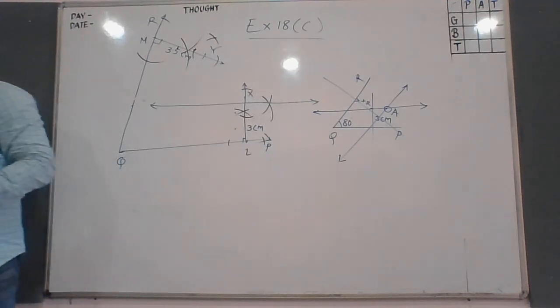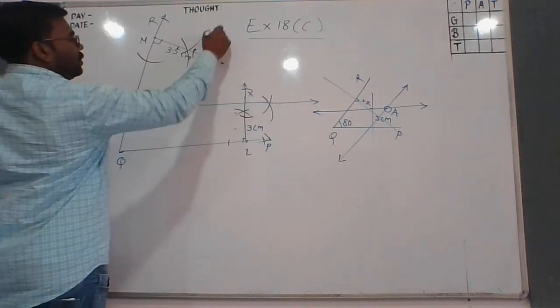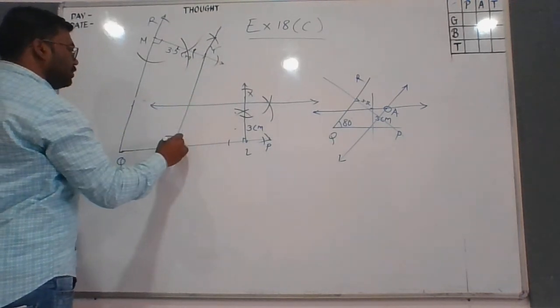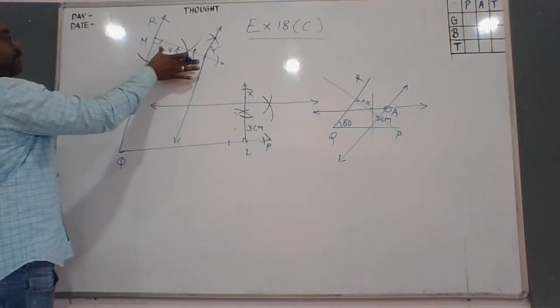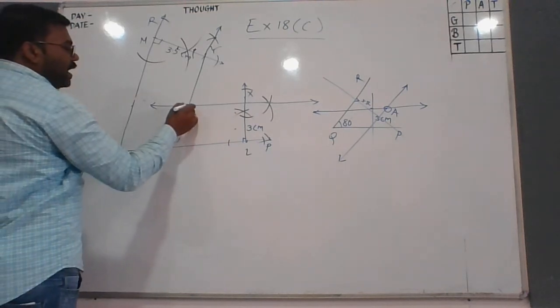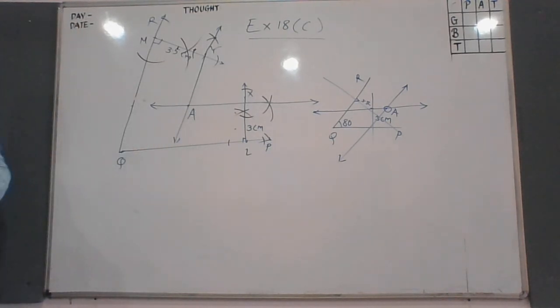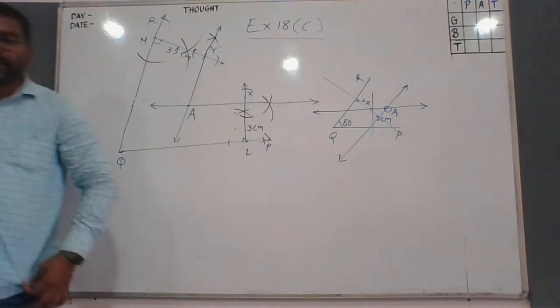Okay. Then this is the parallel line for the RQ at a distance of 3.5 centimeter. So wherever these two parallels are intersecting, that is the point A. Understood? This is the point A.